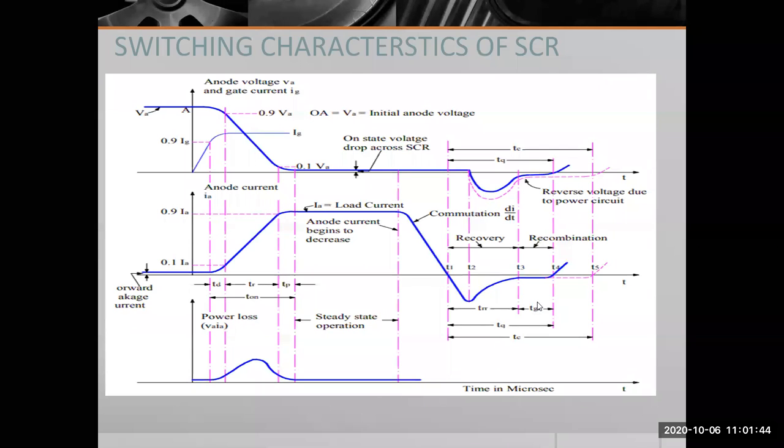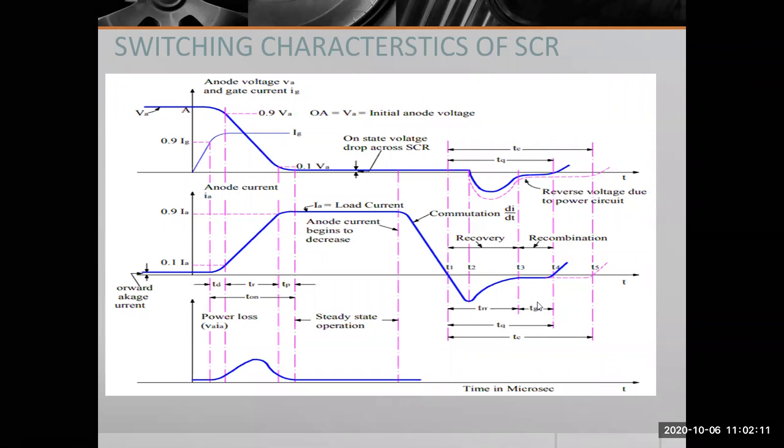The other one is the rate of change of current, because that command you are providing for the SCR only by using a commutation circuit. So depending upon the commutation circuit command, the rate of change of current varies. And the third one is junction temperature.